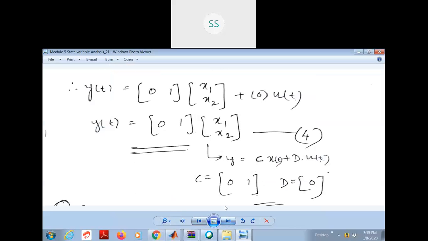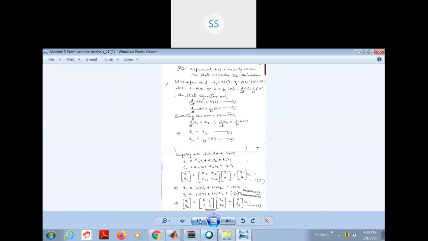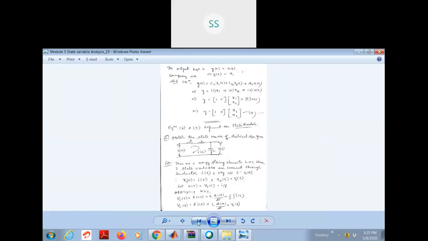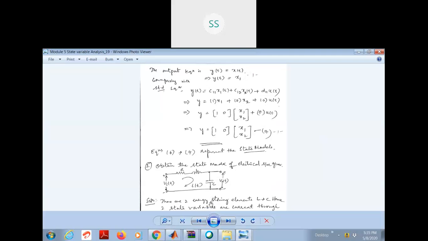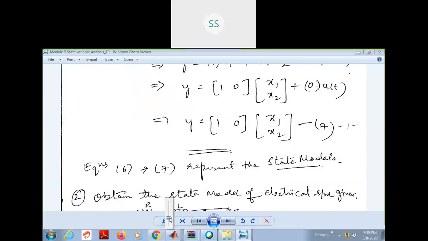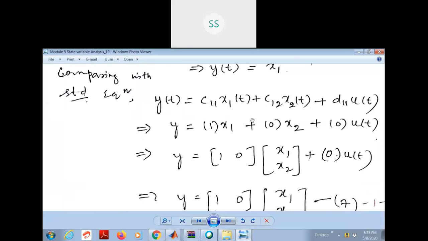Now for the output equation, what is the output in this case? The output equation is y of t equal to x of t, because for this mechanical system the output y of t is nothing but the displacement of the mass.